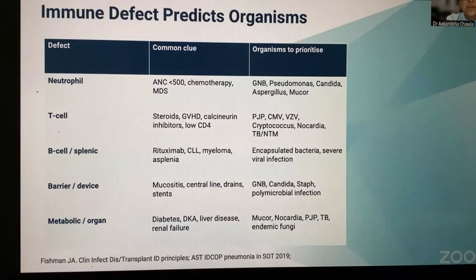Then patients with underlying liver or kidney disease, or diabetics, or who present in diabetic ketoacidosis, Mucor, Nocardia, again Pneumocystis, TB and endemic fungi need to be prioritized. So the defect can guide you to understand the possibility of organisms and prioritize your therapy accordingly.